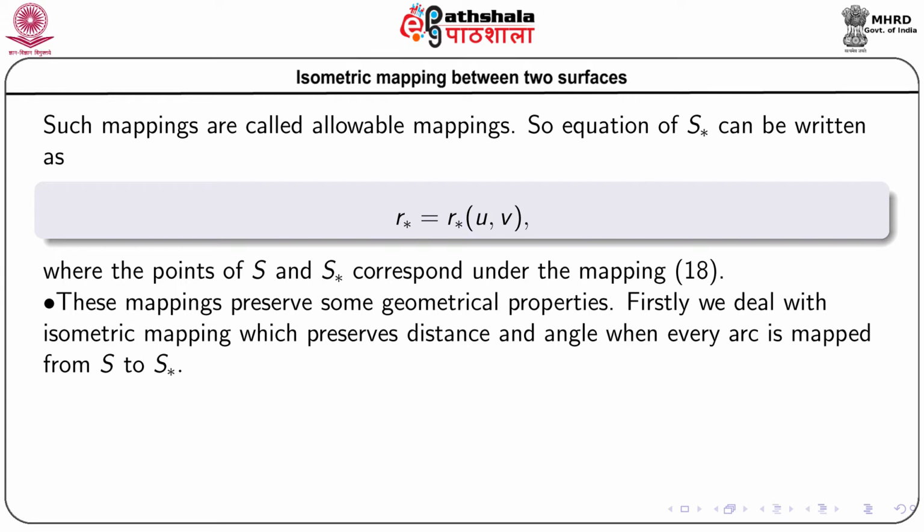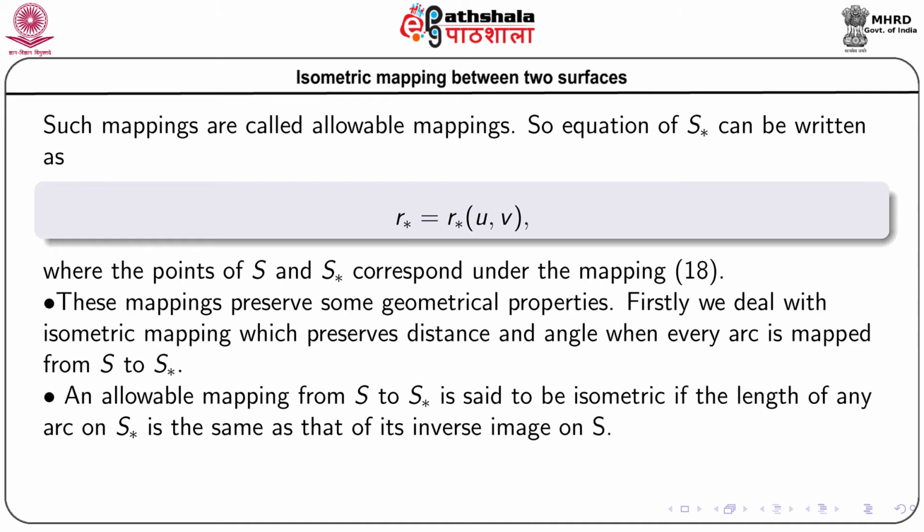Now, these mappings preserve some geometrical properties. Firstly, we deal with isometric mapping, which preserves the distance and angle both when every arc is mapped from S to S star.